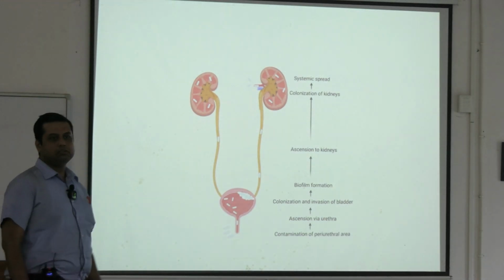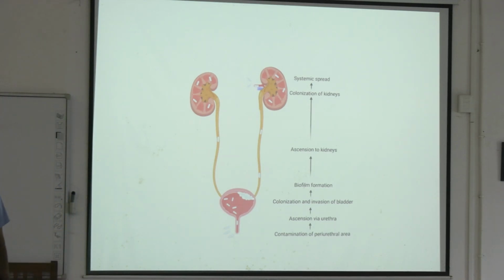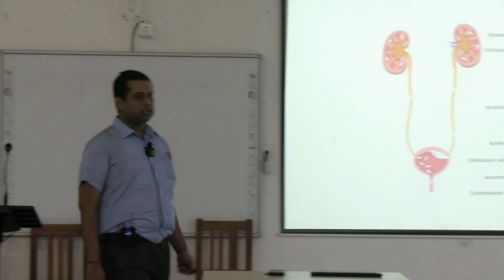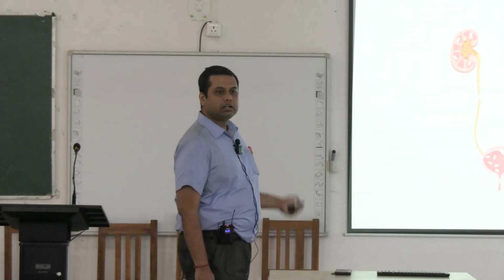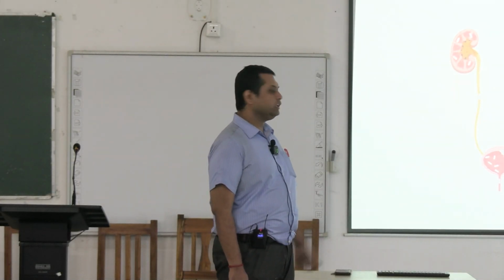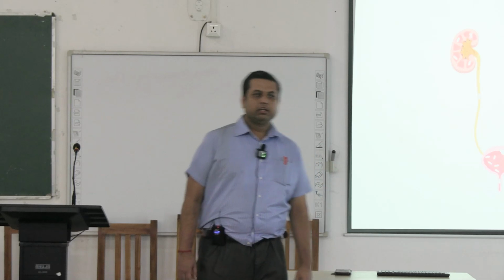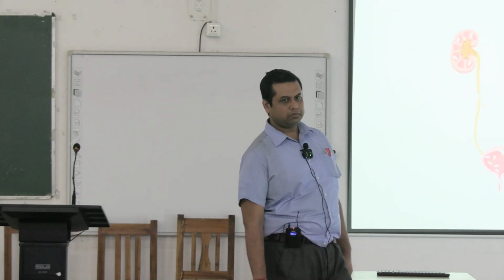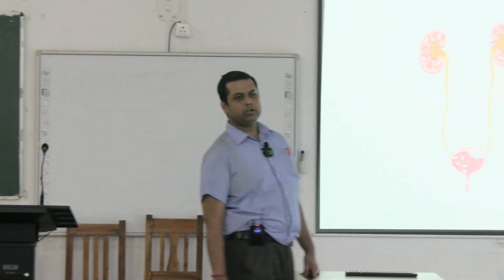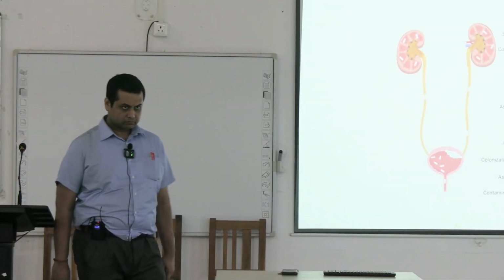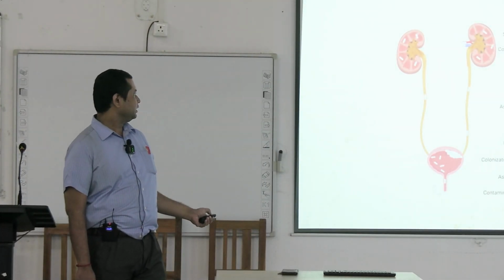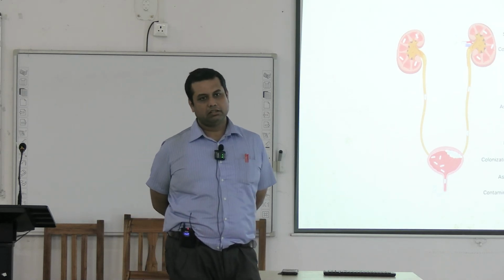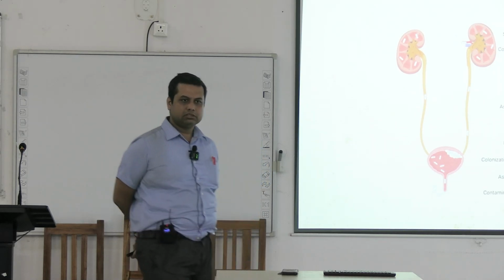It colonizes the urethra leading to urethritis, then the bladder, cystitis, then the ureter, then the kidney leading to nephritis. If there is pus, that is pyelonephritis. It may require surgical intervention. From the kidney, it may also spread to the blood leading to sepsis.